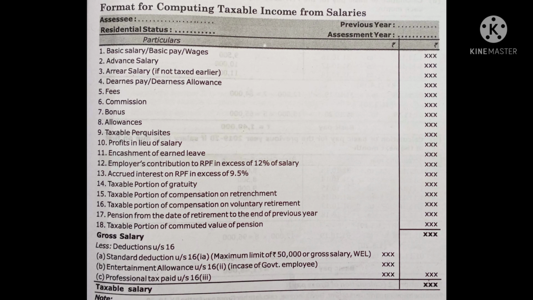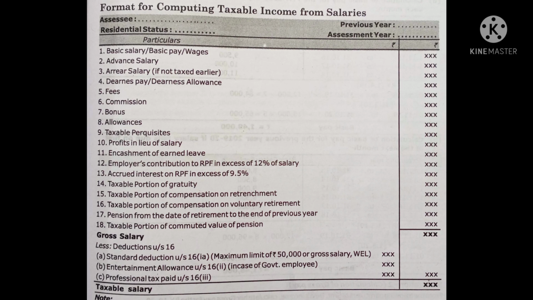Then after adding all the 18, you will get the gross salary. So these 18 points, from the next class, one by one we will be starting the problems. As usual, how you did in the income from house property, the format will be, first you have to take the assessee name, his residential status, previous year and assessment year, particulars and one amount column.